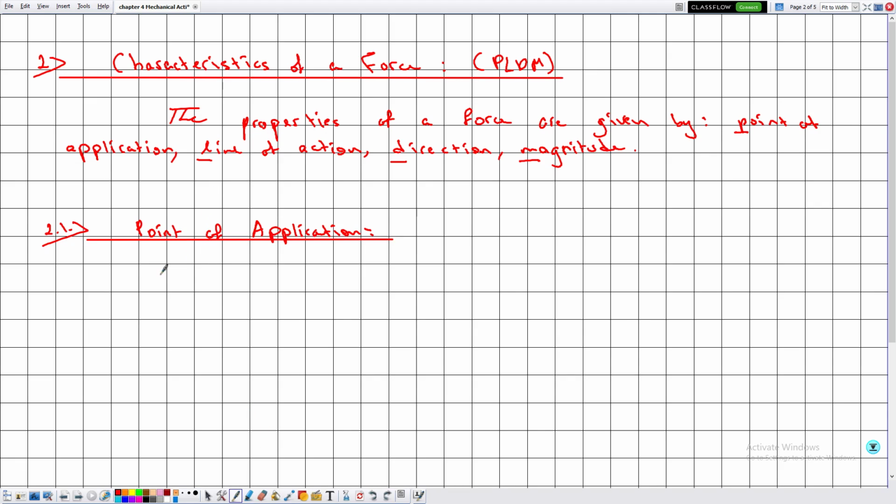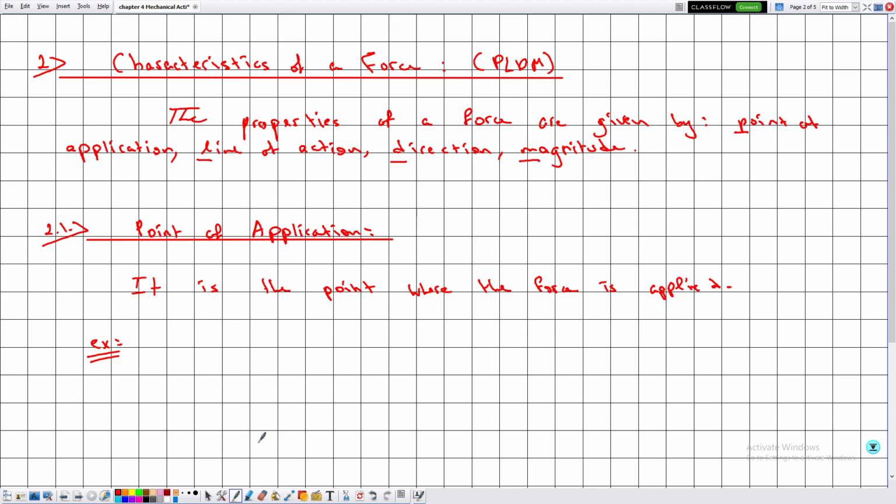And let me say it is the point where the force is applied. So let's consider the following example.